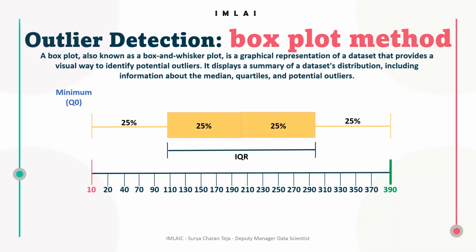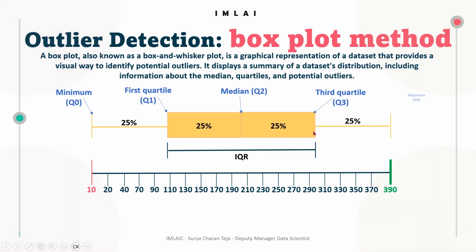So this is called the minimum value. Then we have the first quartile. Then at the center, it's called the median or quartile 2. Then this one is called the third quartile or quartile 3. Then we have the maximum value.